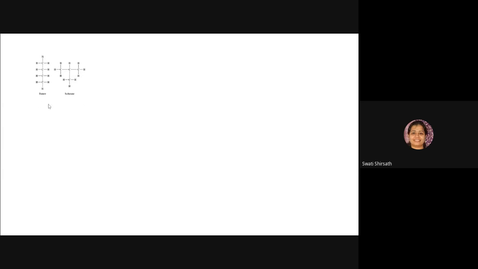Okay, and the concept of the tree was generated from this reaction only. Now, I don't remember the name of that scientist, but he started drawing these reactions in this form, and then he invented the tree.